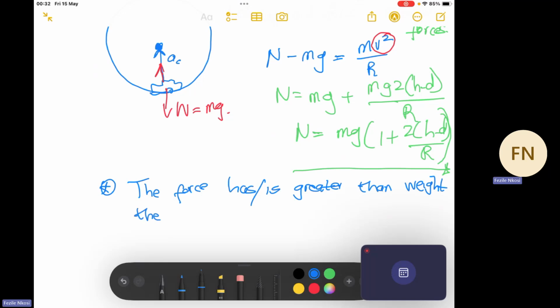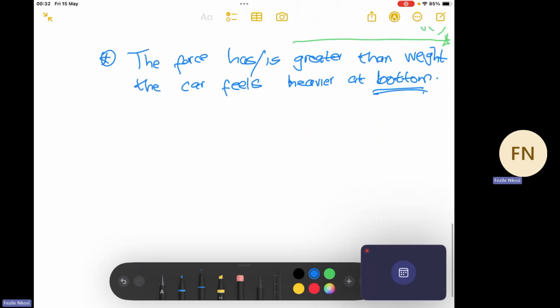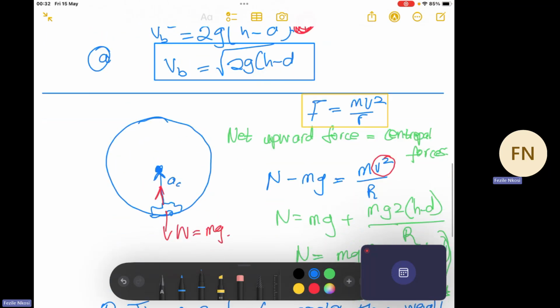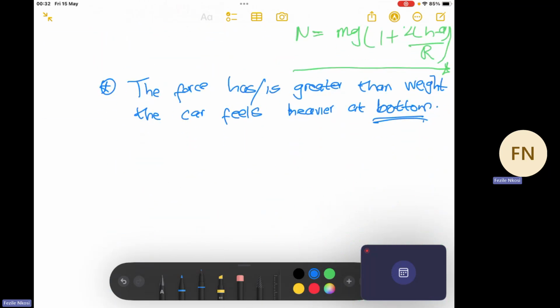The car feels heavier at the bottom, of course. Like I said, guys, we need to develop our physics intuition. If we want to understand physics, we have to visualize it, we have to have that intuition.